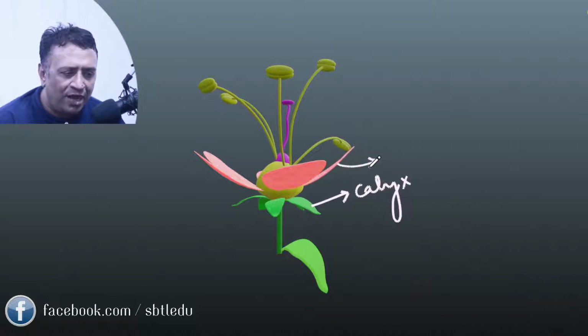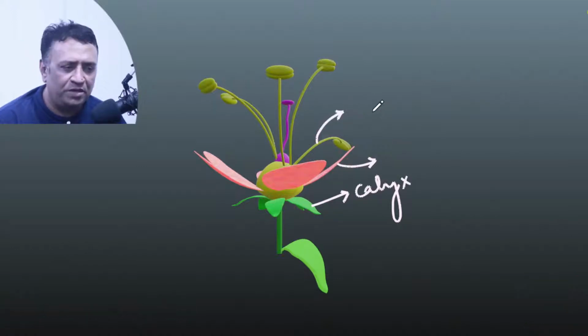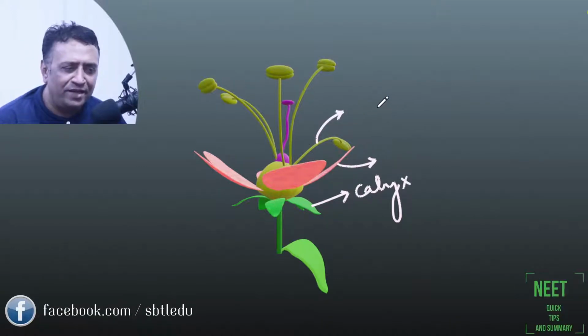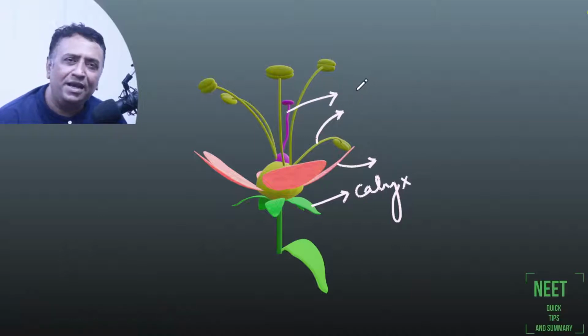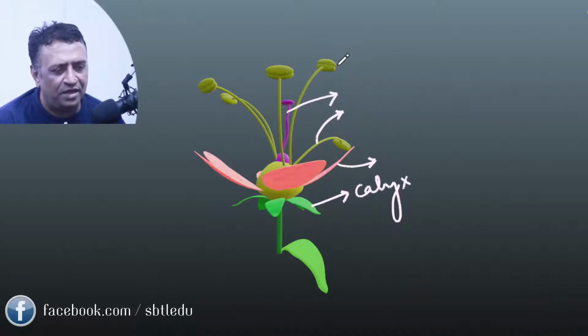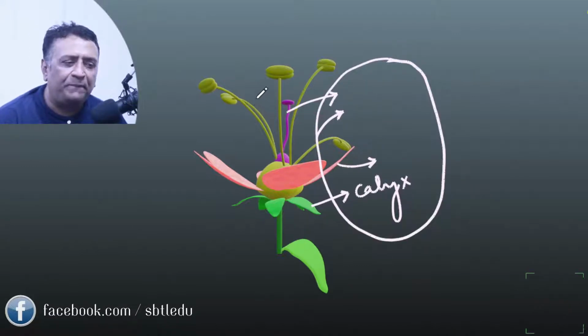Second is corolla. Its single member is called petal. Third one is the male reproductive part of the flower that produces pollen grains, and that is stamen. Its group is called androecium. And the fourth one is gynoecium, and its single member is called carpel. So these are the four floral whorls of a typical flower.